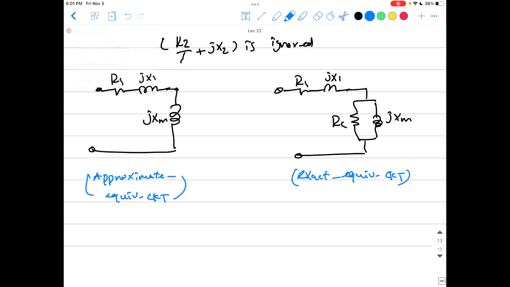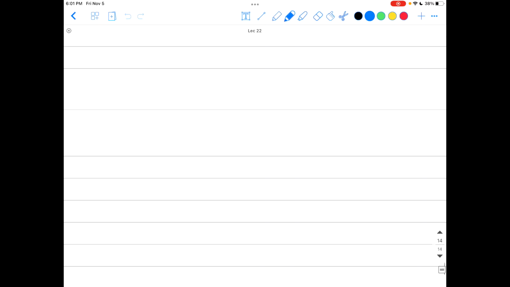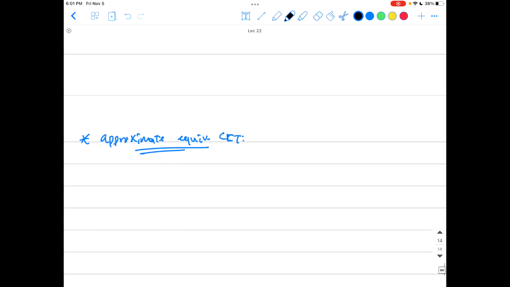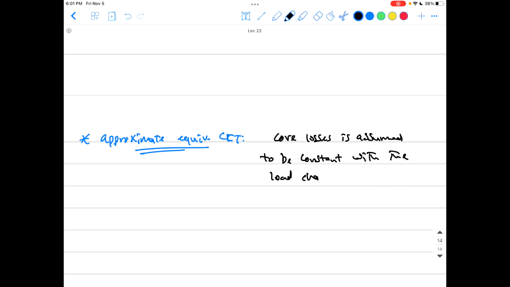So that's different, and that means you need to deal with each one alone. Okay, so I'm going to start by dealing firstly with the approximate equivalent circuit. Okay, in the approximate equivalent circuit, there is no RC, okay? The core losses are assumed to be constant with the load change.